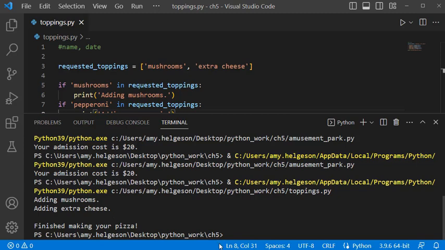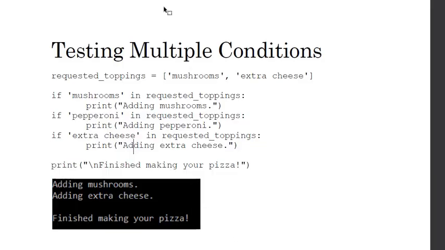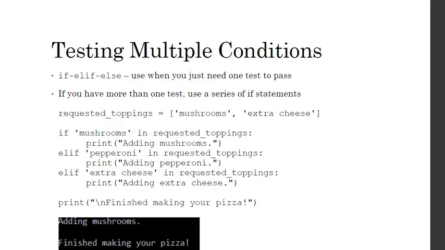Now, if we want not a series of single if statements, but other possible if situations, then we use an elif, so testing multiple conditions. So if this one is true, or if this one is true, or if this one is true.